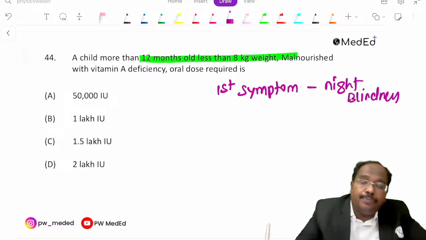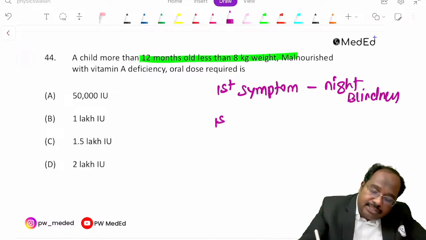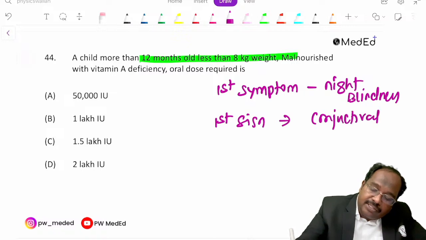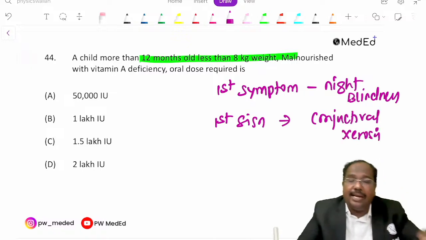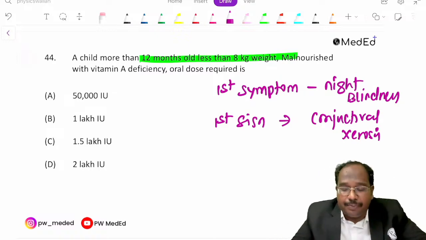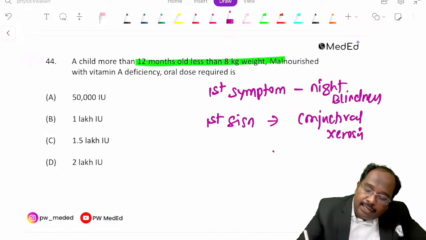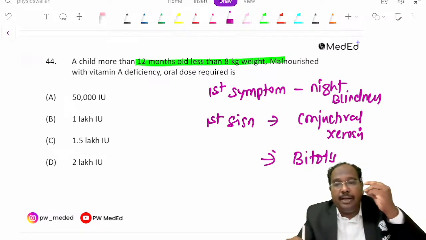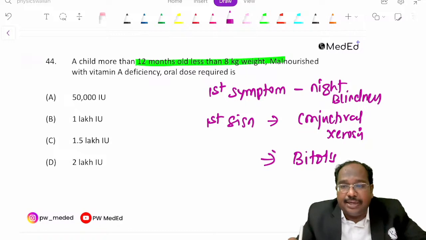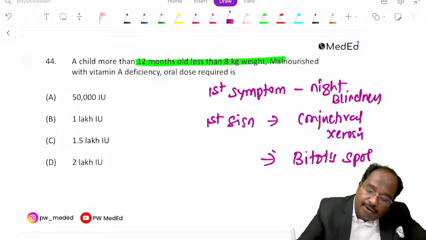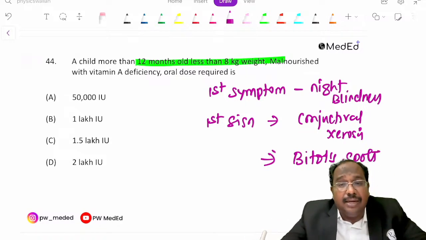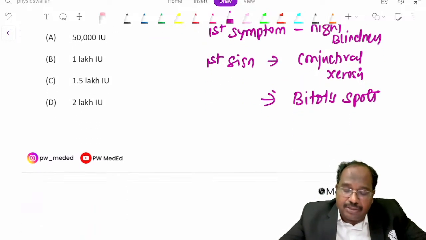The first sign is conjunctival xerosis, dryness of the conjunctiva. You can also find Bitot's spots, pearly white lesions on the temporal side. So night blindness is the earliest symptom; the first sign is conjunctival xerosis and Bitot's spots.